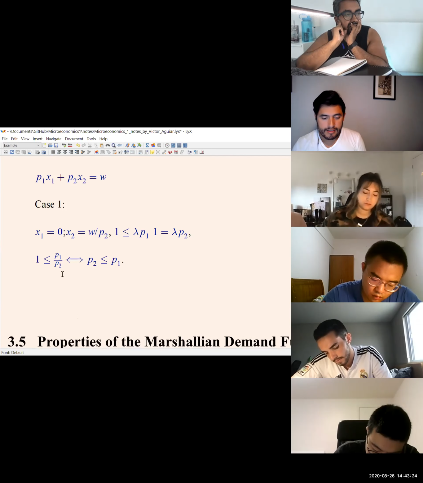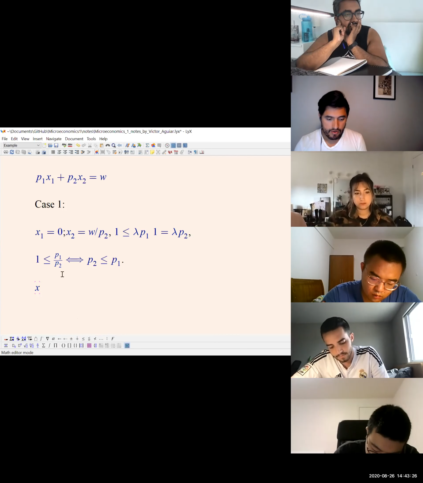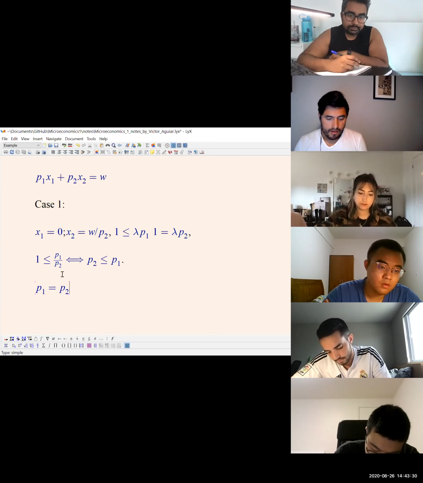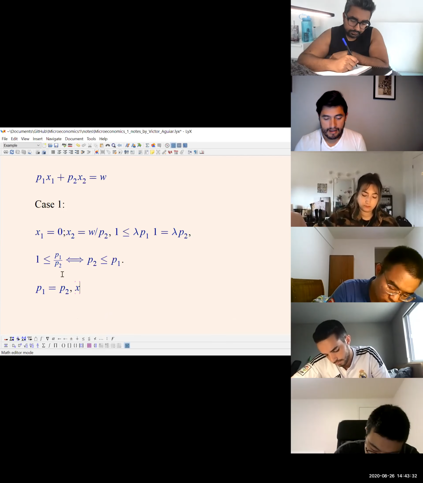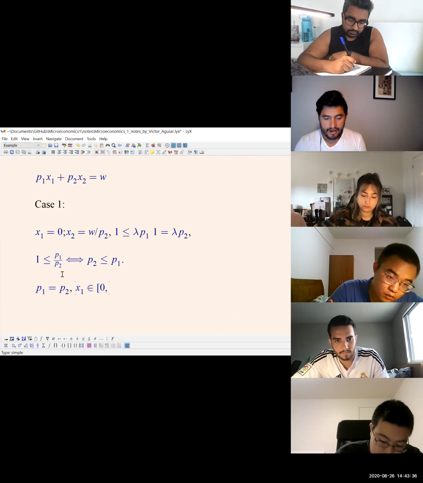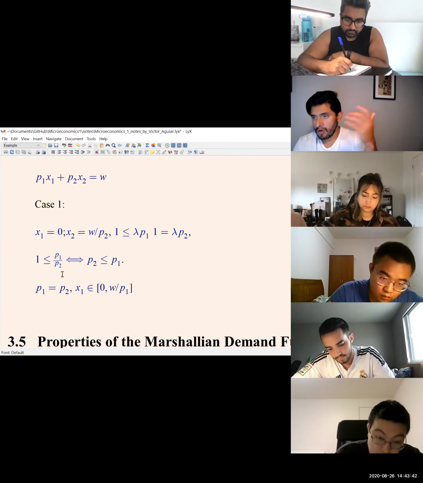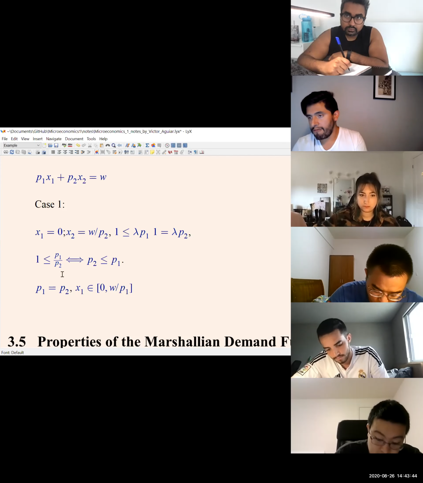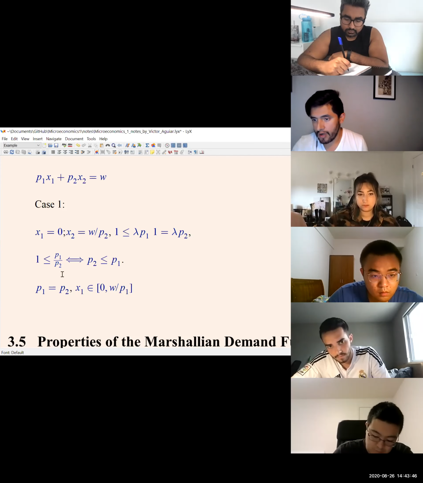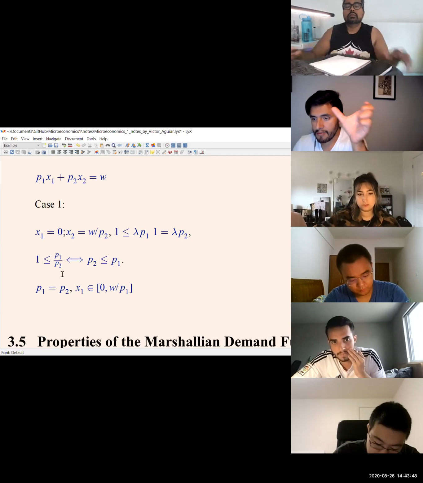So for this particular case, I'm just going to tell you the solution, right? When P1 is equal to P2, in fact, you have that x1 belongs to the interval 0 to W divided by P1, right? And then of course, x2, according to the budget line, will fill in the blanks to hit the budget, right? So any point in this bracket holds.